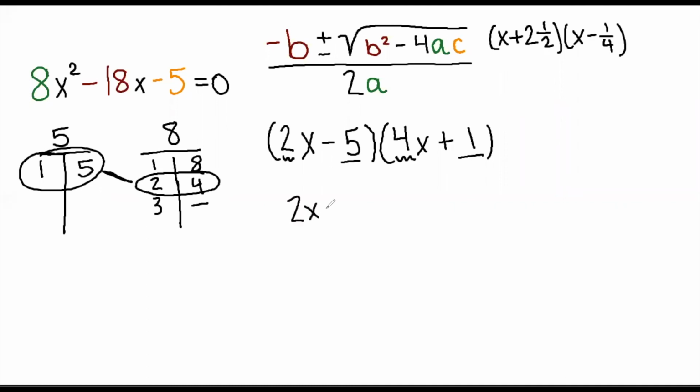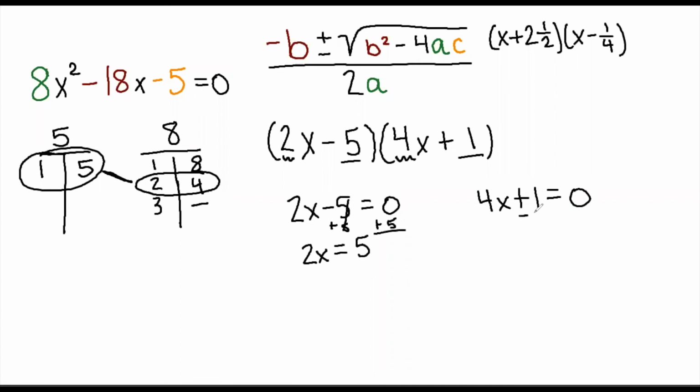So now we have 2x minus 5 equals 0, and we have 4x plus 1 equals 0. So we're going to get our x by itself by adding 5, so they cancel, and adding 5 here, and then subtracting 1 in this problem. So those cancel, so now we have 4x equals negative 1, and 2x equals 5.